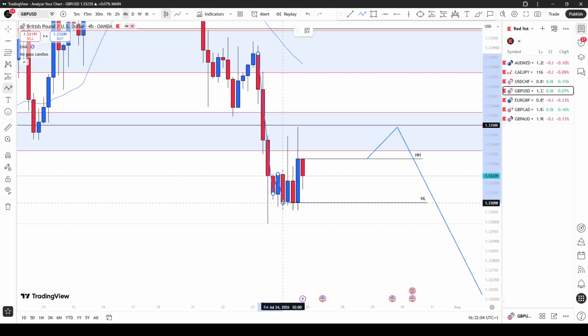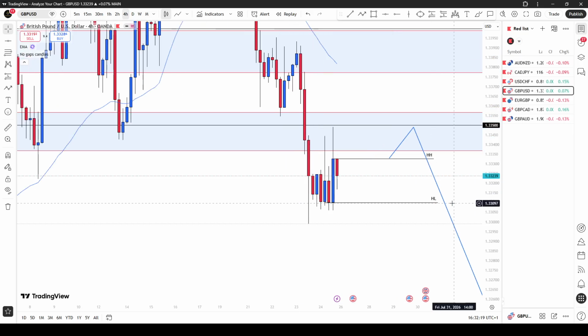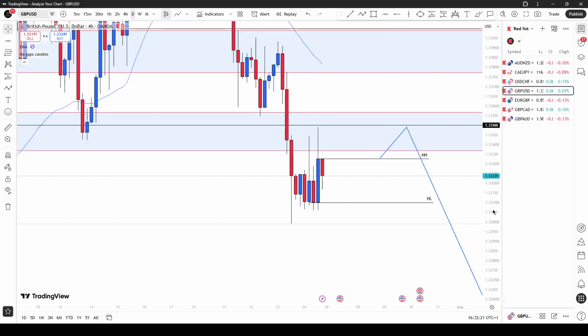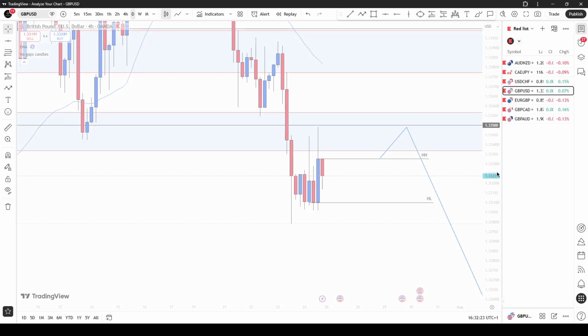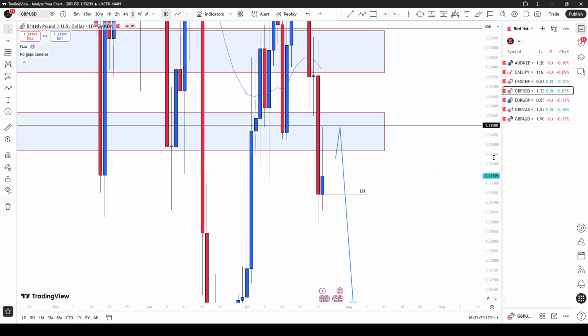Immediately this bullish candle body closed above this, so this one became the higher high, and this is the higher low. You understand? So on the 4-hour time frame, we are bullish. Let me correct that.